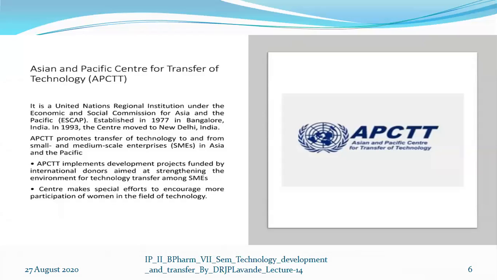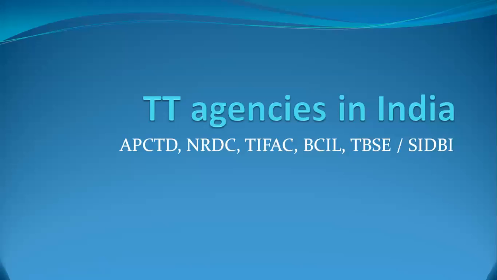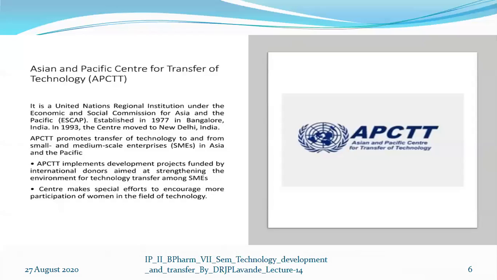So the very first is the APCTT, right? Here there is a mistake. It is APCTT, not TD. What will APCTT stand for? APCTT stands for the Asia and Pacific Center for Transfer of Technology.